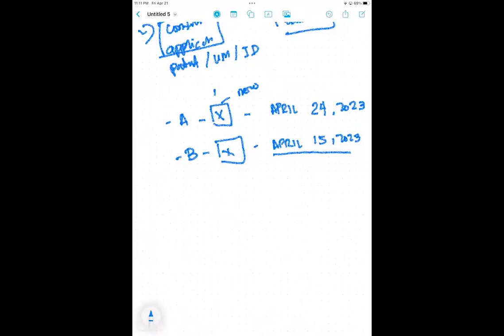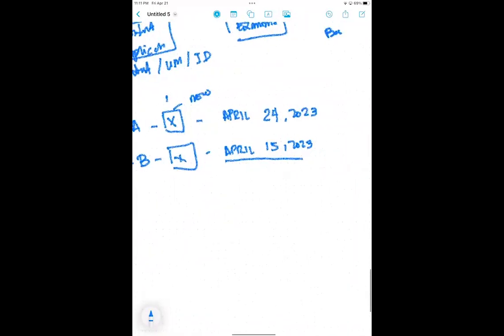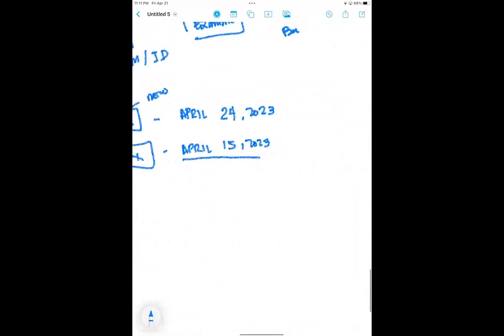Okay? Now, I'm sure dahil sa ganitong discussion, maalala na natin yung rule na first to file rule. Right? The first to file rule.